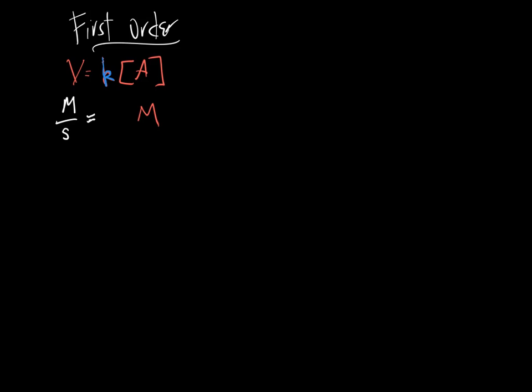It's 1 over second. Remember, these are just units, literally 1 over second, or 1 over unit time. The way that we usually write that is s to the negative 1 power. A lot of times we'll say it's per second, or per minute, or per hour, per day.